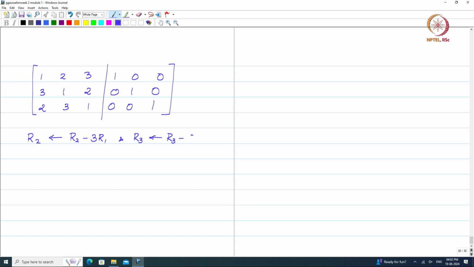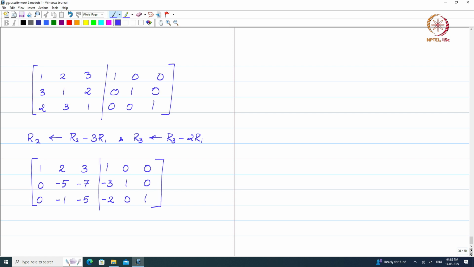These two steps will clear the first column of A below the first row pivot entry. As you see, 2 zeros in the first column of A. So, the result is 1 2 3 1 0 0, 0 minus 5 minus 7 minus 3 1 0, 0 minus 1 minus 5 minus 2 0 1.